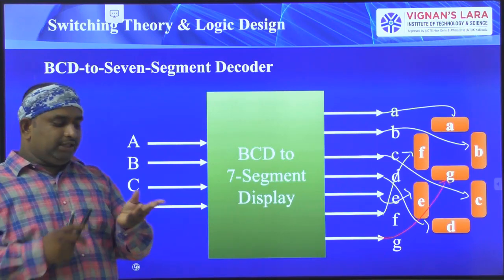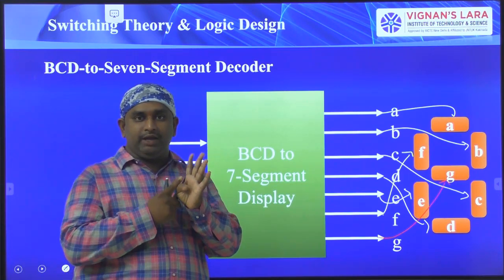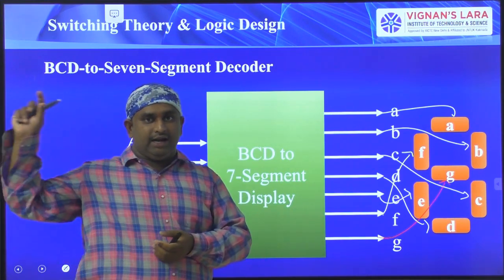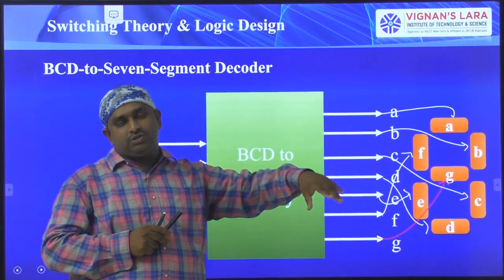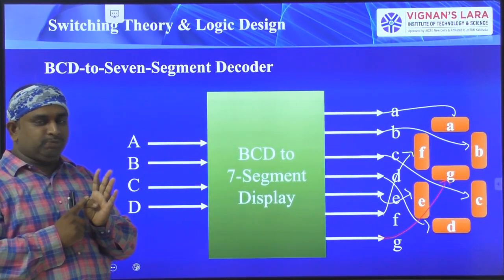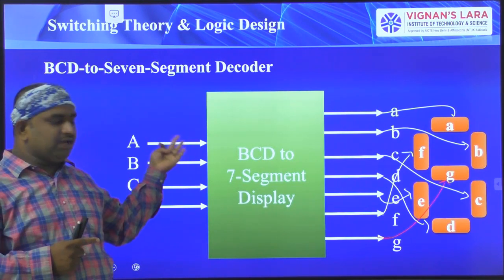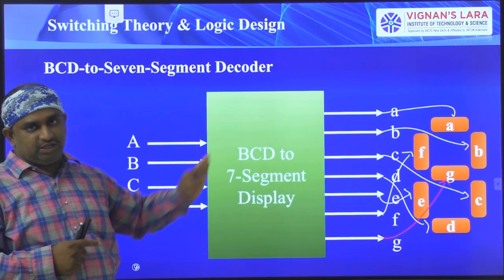Okay, so in the market you can buy a 7 segment display LED. It is available directly in the market. You can bring that 7 segment display. Even in our lab we can do that experiment. So buy that display, and bring that IC 74183, which represents the BCD to 7 segment display.